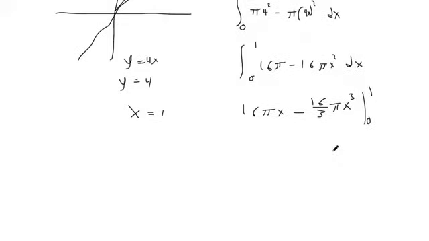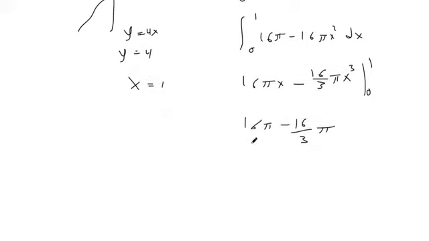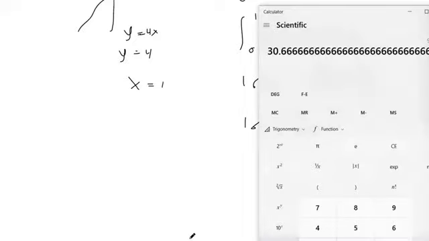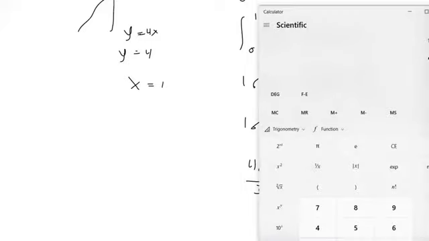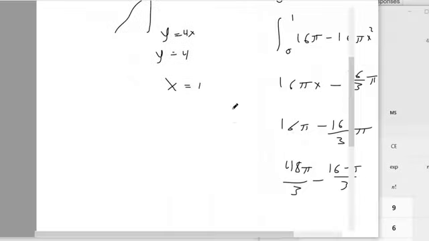Evaluate that between 0 and 1. We can forget the 0 answer, because if you plug in 0, the whole thing becomes 0. So we got 16 pi minus 16 over 3 pi. So we get common denominators. Yeah, that is 48 pi over 3 minus 16 pi over 3. 32 pi over 3 for a final answer.